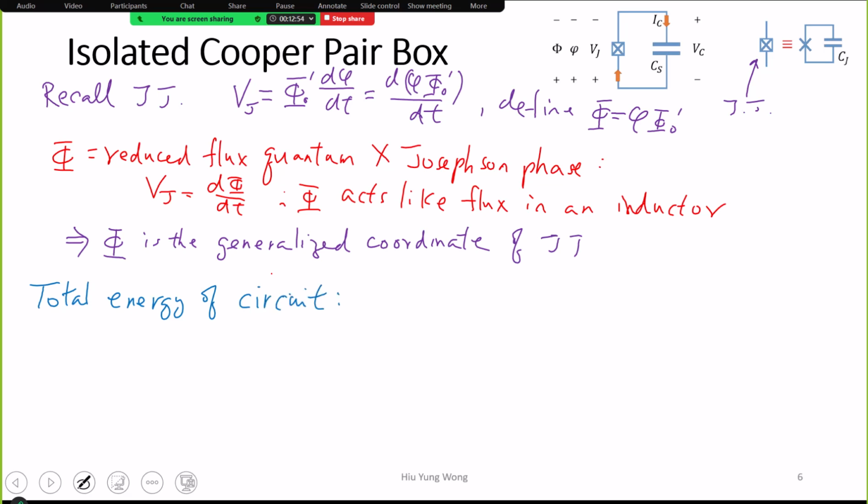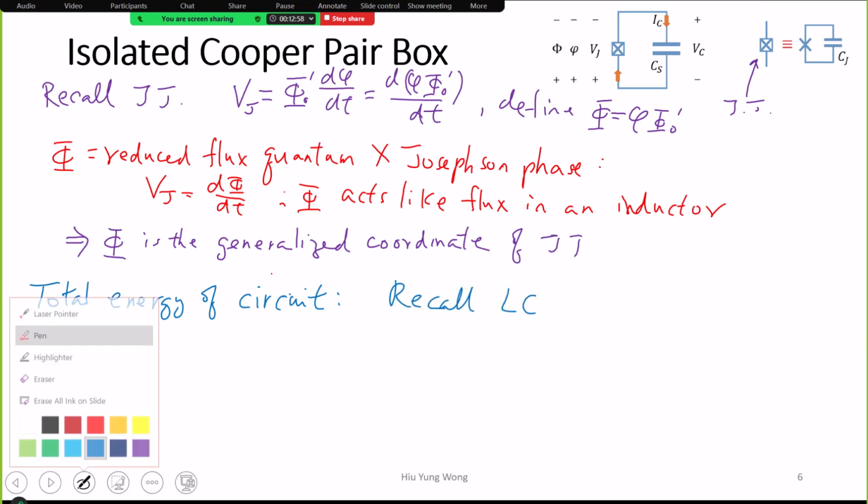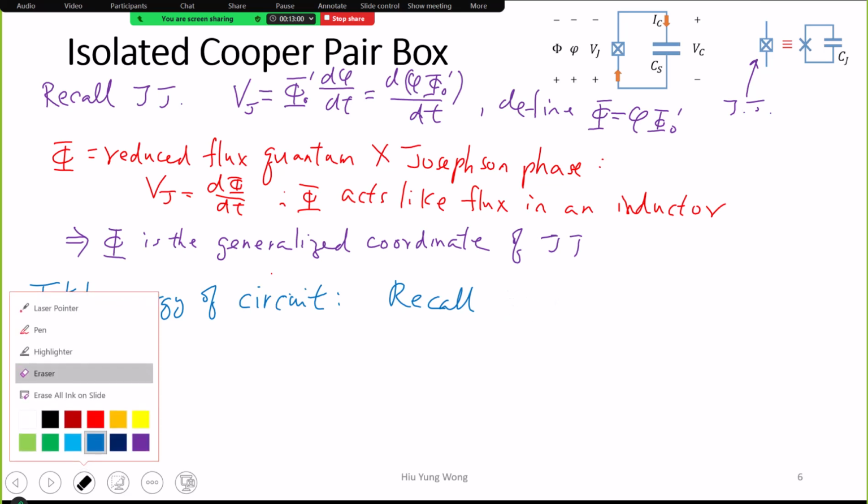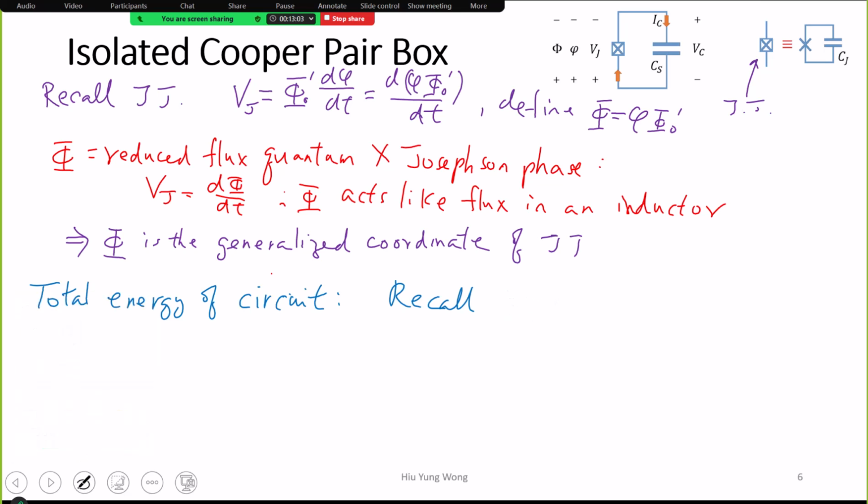Let's first recall the LC tank. For an LC tank, what is the total energy? It is equal to the capacitive energy, Q squared divided by C, plus the inductive energy, Li squared.